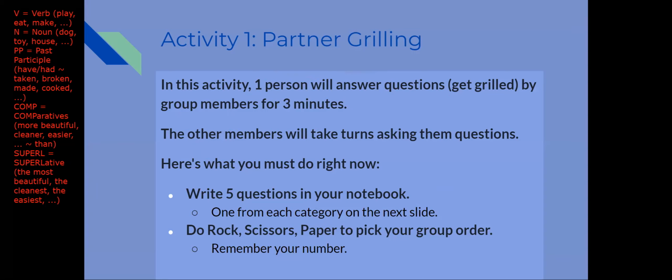So student 1 asks questions, and student 2 answers for 1 minute and 30 seconds. Then student 2 asks questions, and student 1 answers for 1 minute and 30 seconds. If you're doing this alone, just answer your questions, and then you can relax, okay? So let's go ahead and start. Ready, 3, 2, 1, go.